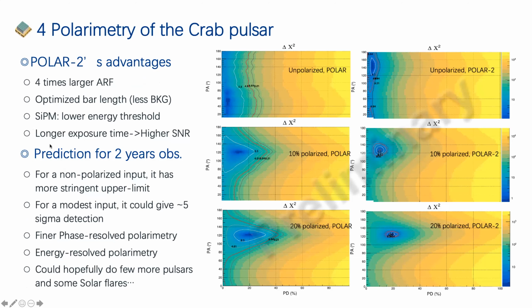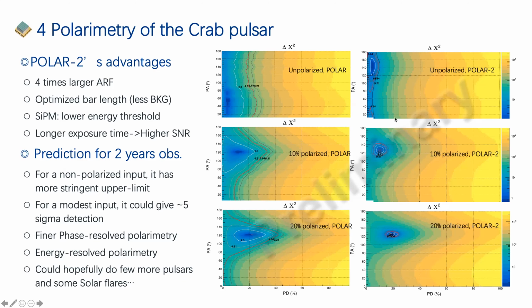Then based on POLAR's observation, we do some Monte Carlo simulation of POLAR-2. We try to predict the polarization measurement of the Crab Pulsar by POLAR-2 for about 2 years of observation. And we also put POLAR there to compare. The left plots are for POLAR and the right ones are for POLAR-2.